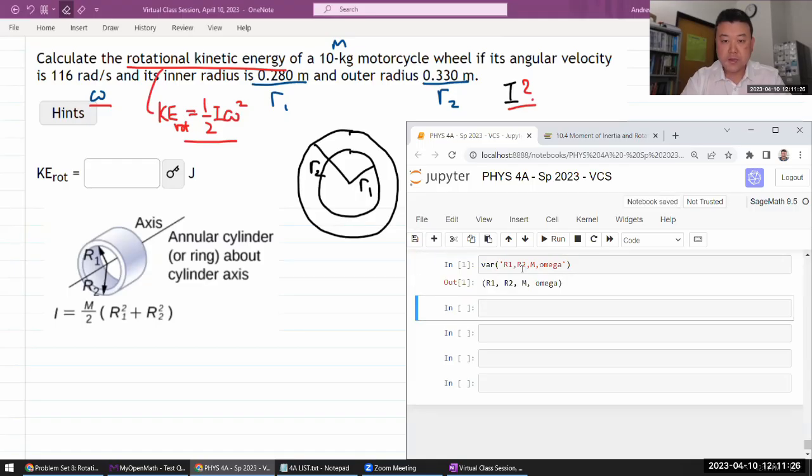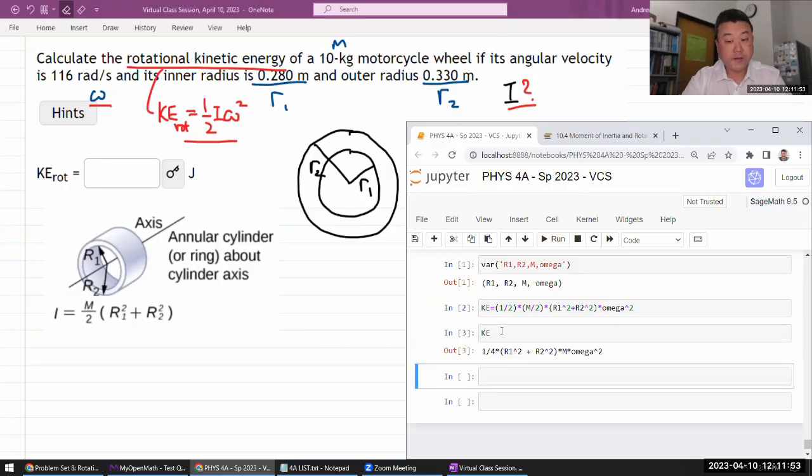So my kinetic energy is going to be 1/2 times rotational inertia, which comes from this formula, mass divided by 2 times R1 squared plus R2 squared, times omega squared. So that's my kinetic energy.